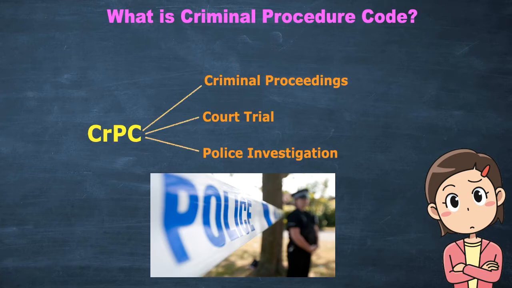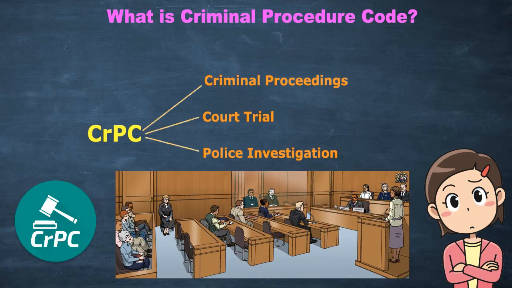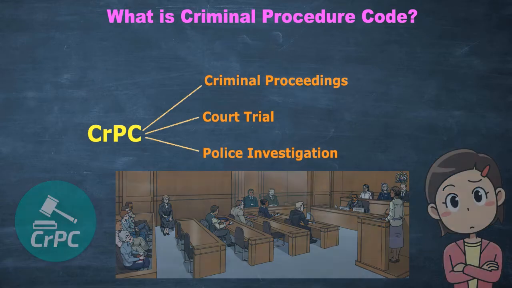As we have already studied, the Criminal Procedure Code is a procedural law, so it is talking about the procedure. This is the major purpose, object, and meaning of the Criminal Procedure Code, or simply CRPC.